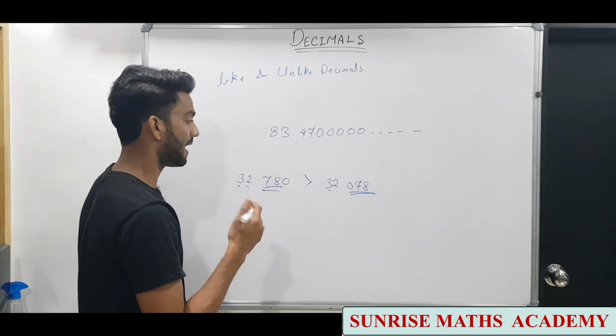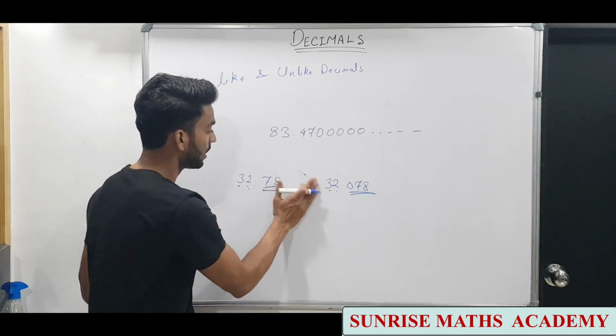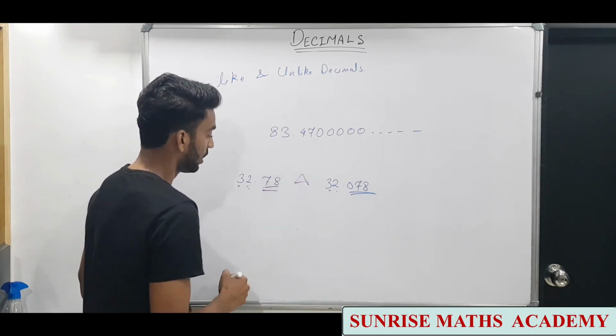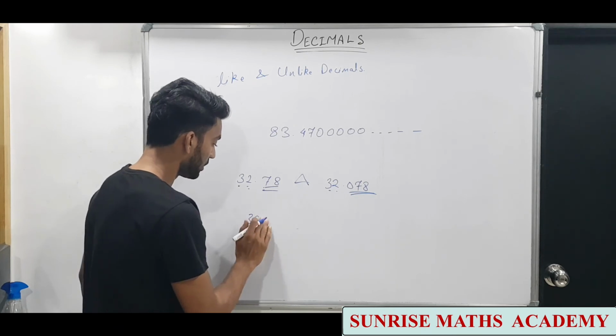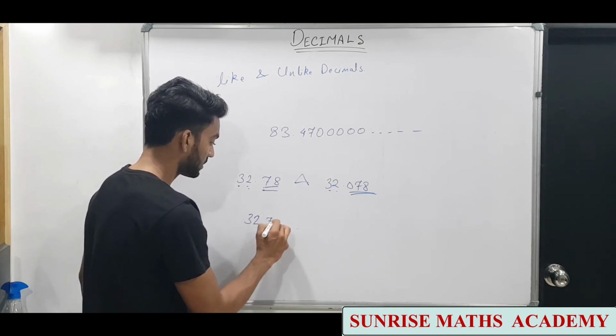That's how we compare. Addition अगर करना है, ये अगर ऐसा दिया हुआ है एडिशन करना है, so 32.78.